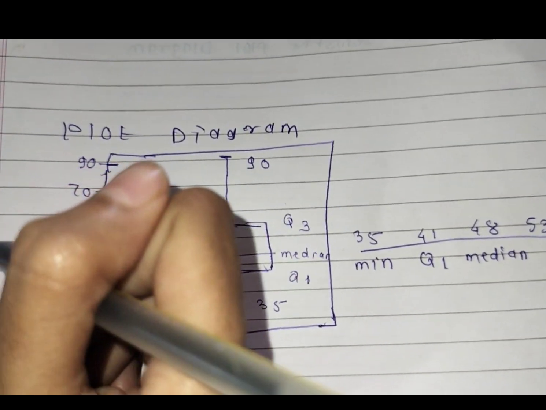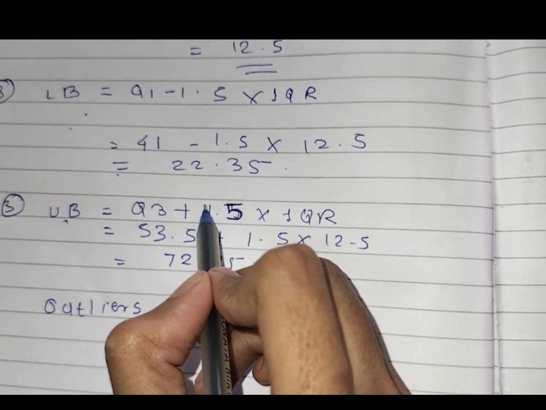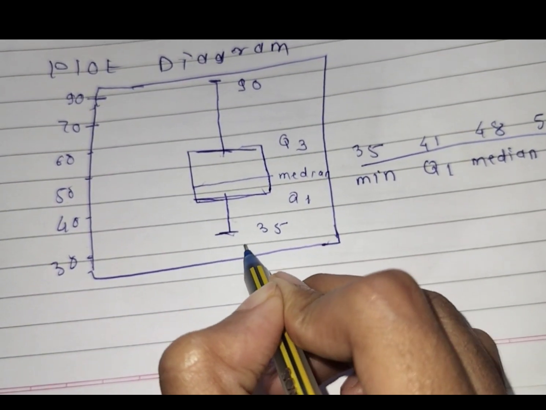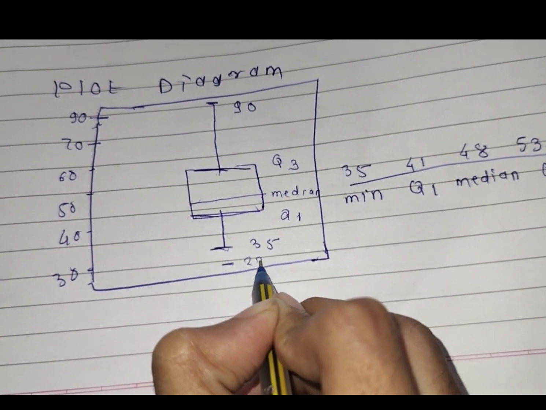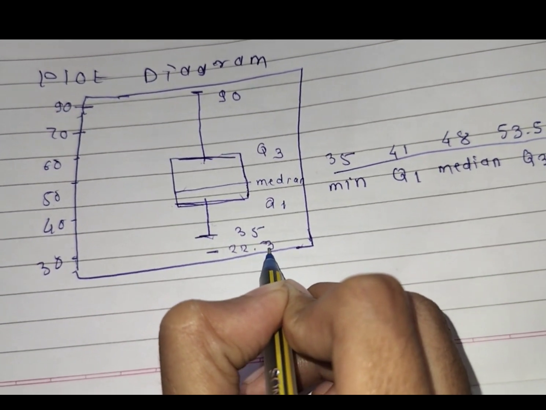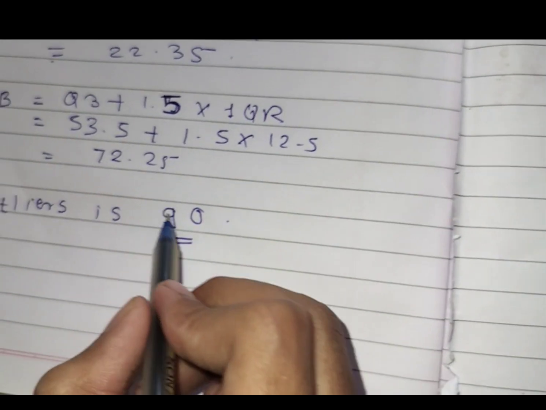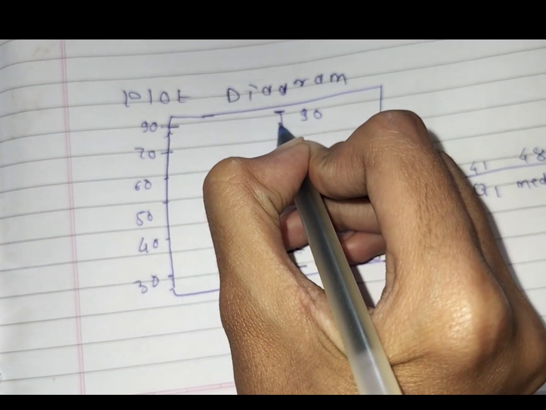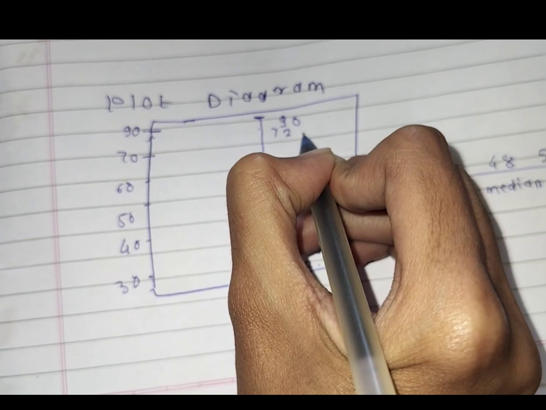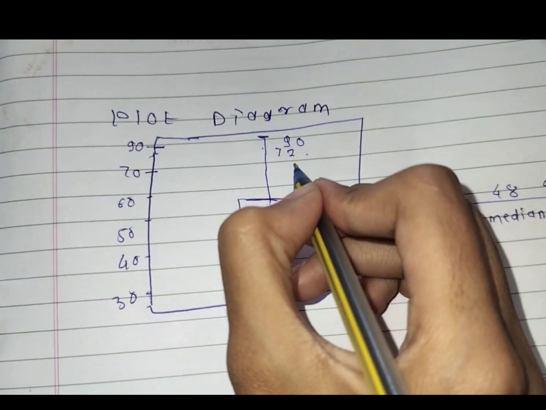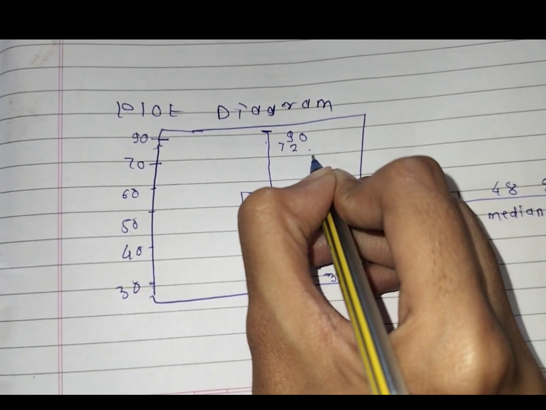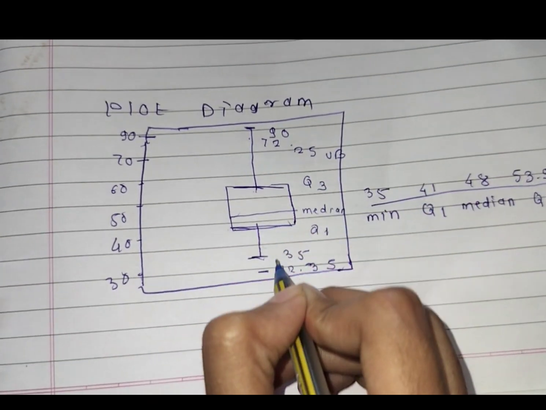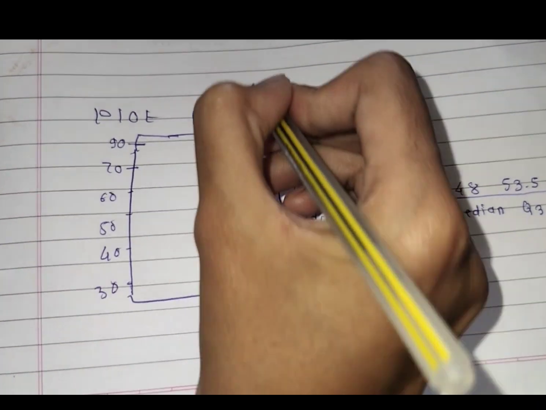Now we have to mark the lower bound. So the lower bound is at 22.35. So we will mark 22.35 here, and we have our upper bound 72.25. So we will mark 72.25 here, which is our upper bound. This is our lower bound.